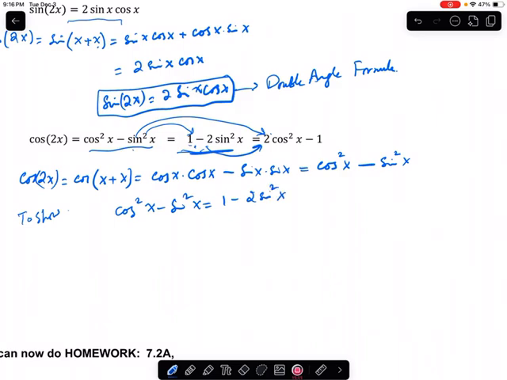So if you notice from here to here, on the left hand side we have both cosine square x and sine square x, but on the right hand side we have only the sine square x term. So cosine square has vanished. Where did it go? If you recall the Pythagorean identity, we can use that to get cosine square x in terms of sine square x.